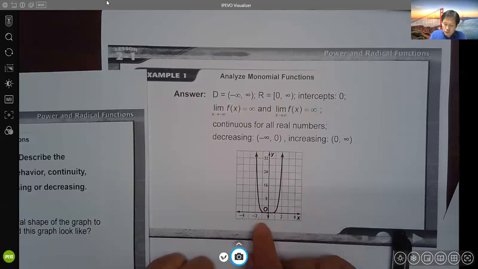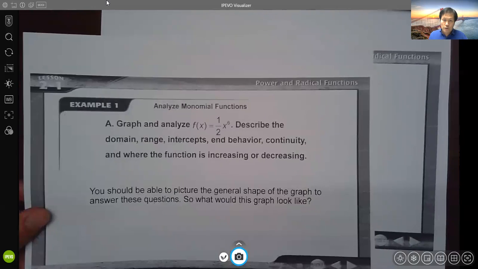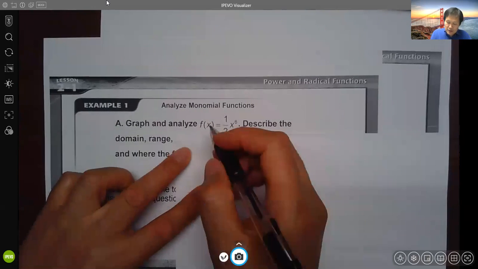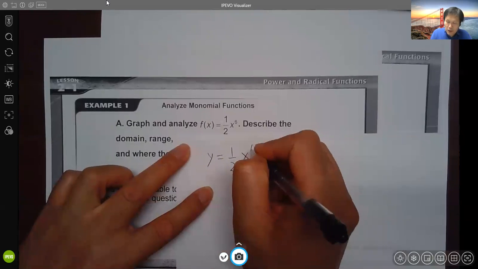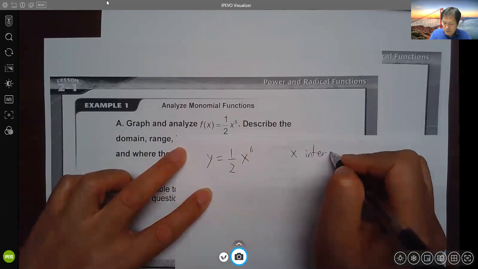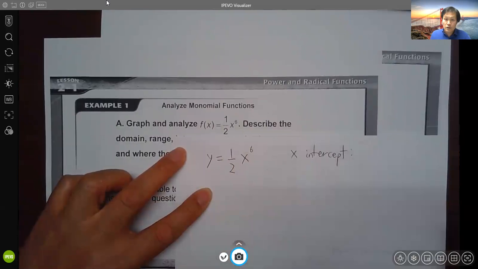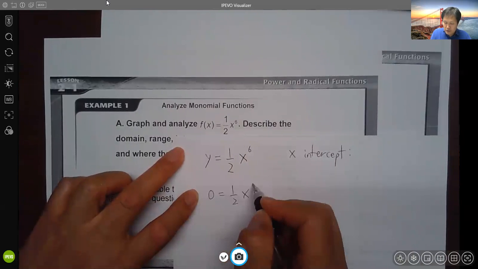It's passing through the origin here. You might say, how am I supposed to know that? If you're trying to find the x-intercept, you plug in 0 for y. That's y equals 1 over 2 x to the 6th power. Algebraically, you plug in y as 0: 0 equals 1 over 2 x to the 6th power.